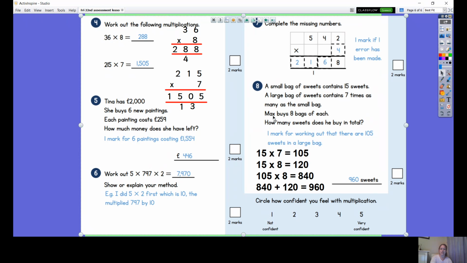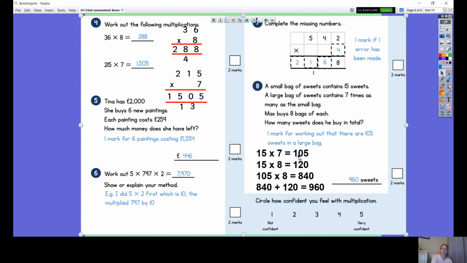Okay, Max buys 8 bags of each. So he buys 8 small bags of sweets, which had 15 in. That made 120 sweets. And then he bought 8 of the big bags that had 105 sweets in. So I did 105 times 8 and I got 840. And then I added both of those answers together to get 960.